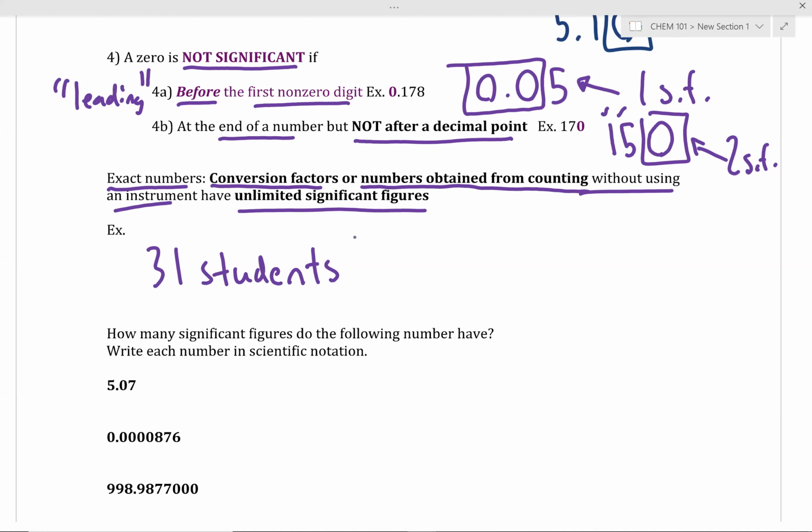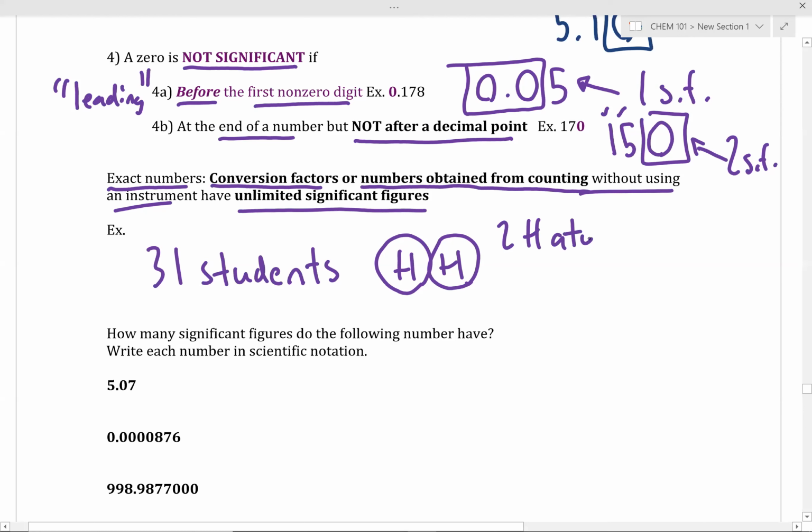It's considered exact. Another example that comes up a lot in chemistry is if we look at a molecule, how many atoms with the H symbol, how many hydrogen atoms do we see? 2. So we have 2 hydrogen atoms. There's no such thing as half a hydrogen atom. These are whole number quantities. And as such, this 2 has an unlimited number of sig figs.